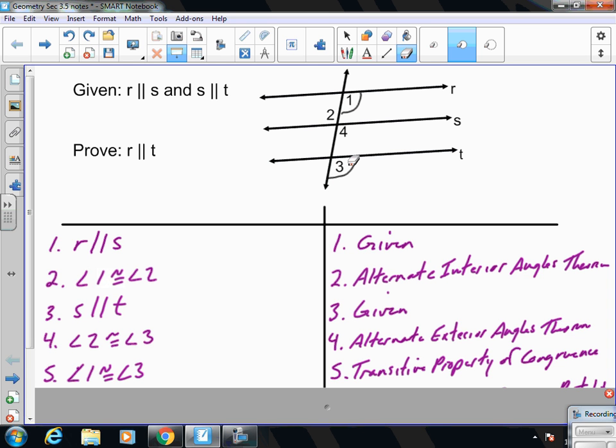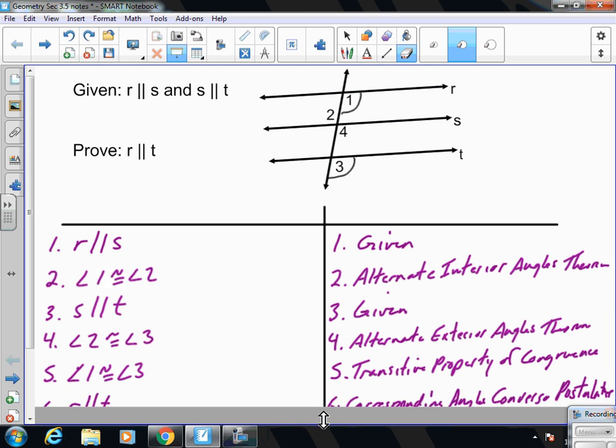They're in the same spot in relation to the intersection. And so since they are corresponding and they're congruent, then we know that line T and line R have to be parallel to each other, because the corresponding angles are congruent, based on the corresponding angles converse postulate.